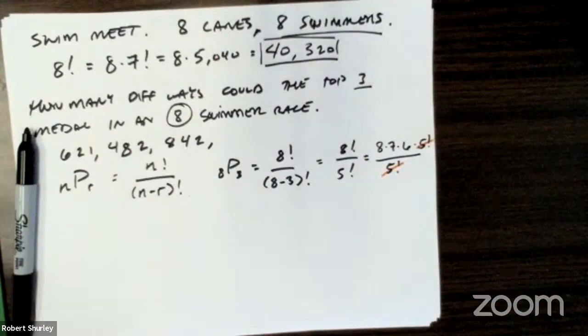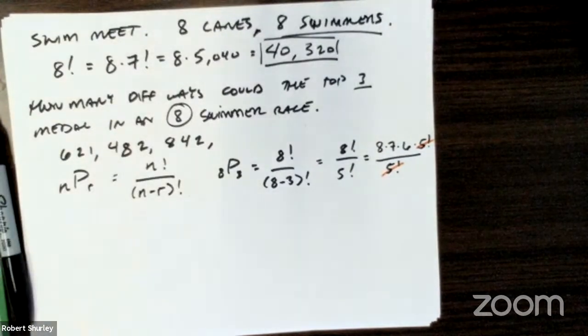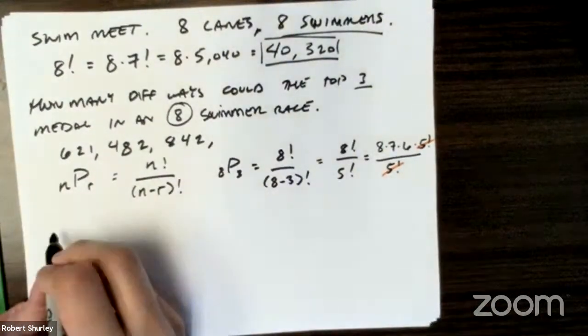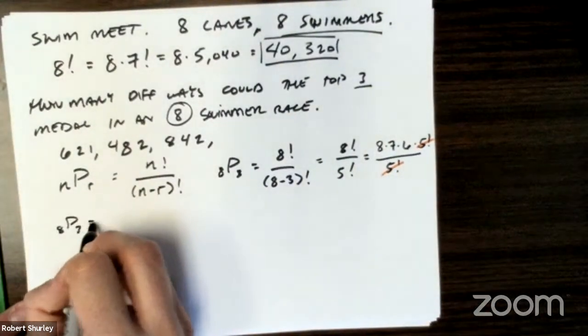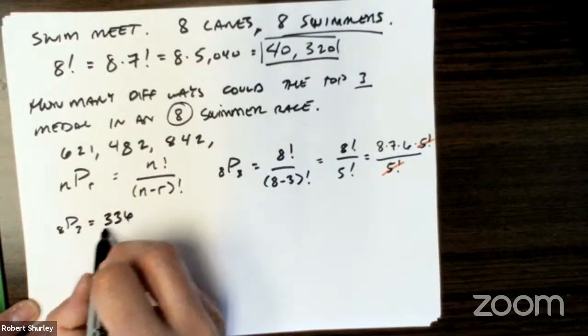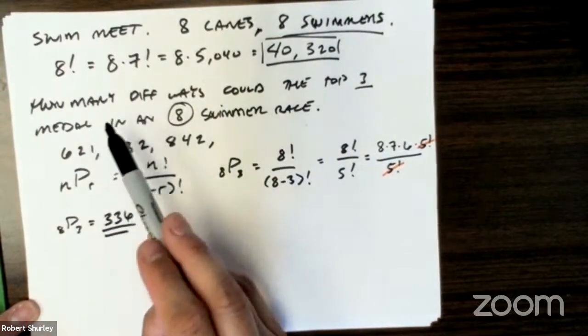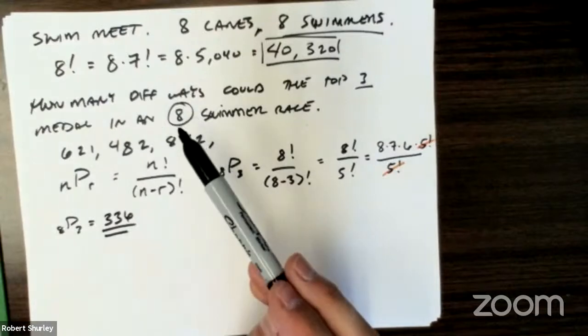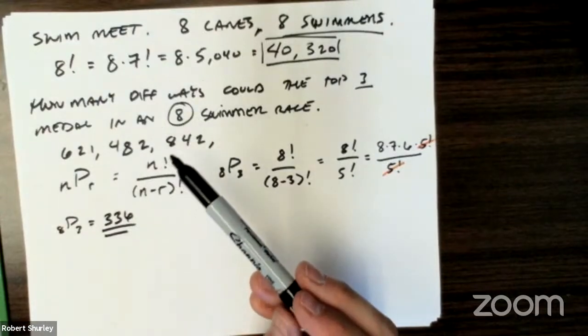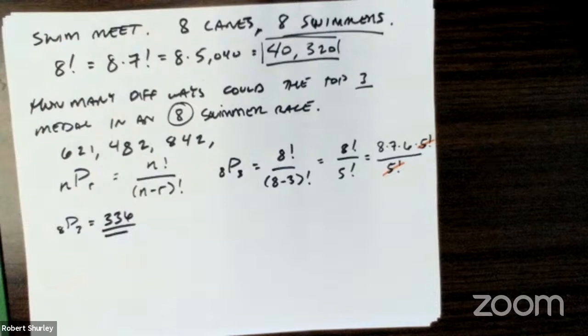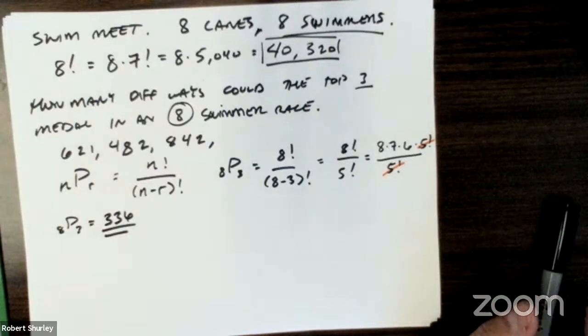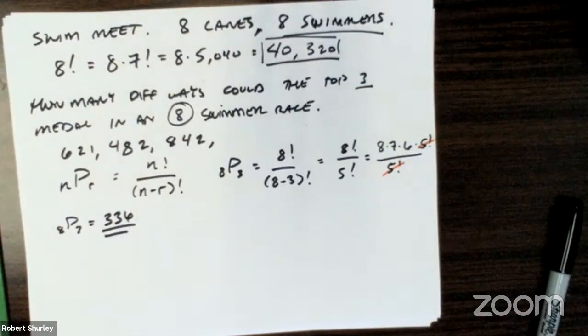You wind up with 8 times 6 times 7. I'll put that in my calculator: 336. So there's 336 ways that 3 swimmers could medal in an 8 swimmer race. Kind of cool.